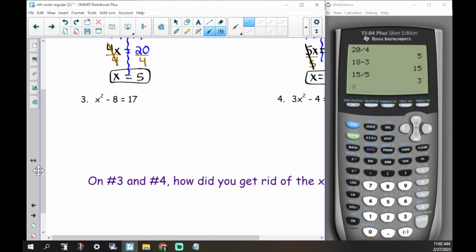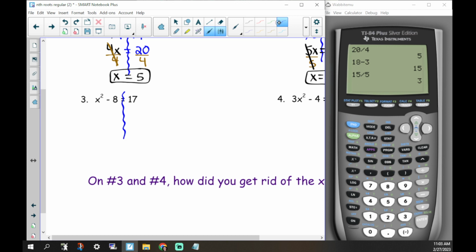It's still going to stay the same, but now we're going to incorporate where our x value has a power to it. So here we have x to the second power minus 8 is equal to 17. We're going to start this problem the same way we did the past 2 problems, and draw a little squiggly line. We're going to get that minus 8 and move it over.